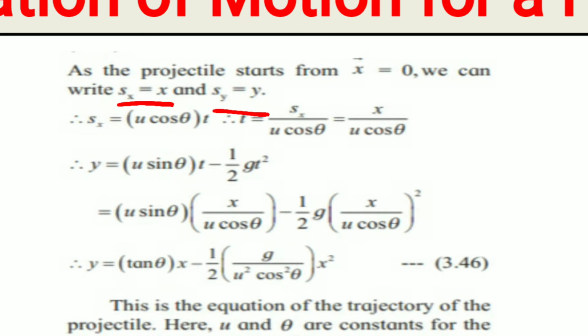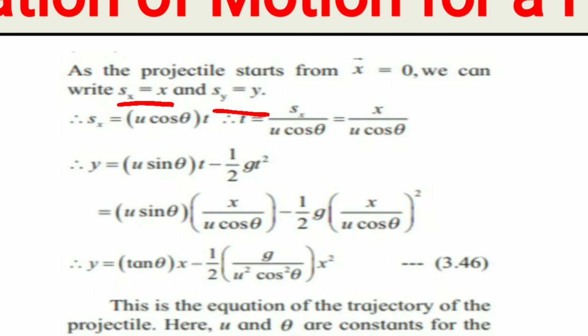Okay, now we can write sx is equal to u cos theta t, that is t is equal to sx divided by u cos theta, which is equal to x divided by u cos theta.